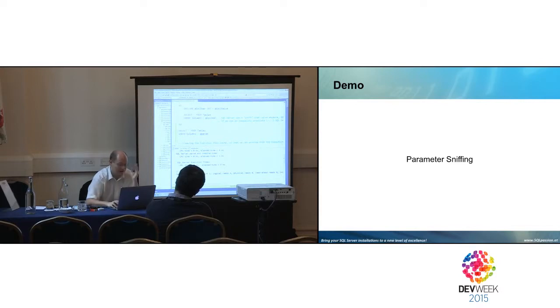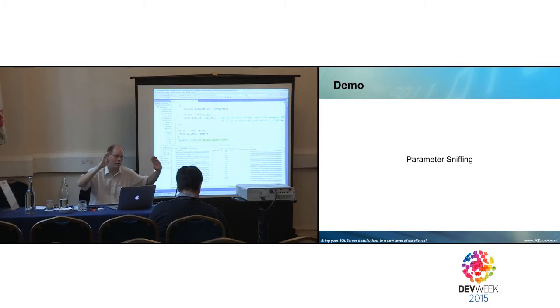The nice thing about SQL Server is you can also ask SQL Server if you have that specific problem. For every cached execution plan, we have so-called query statistics in SQL Server. For every cached plan, SQL Server stores statistics on how that execution plan performed.